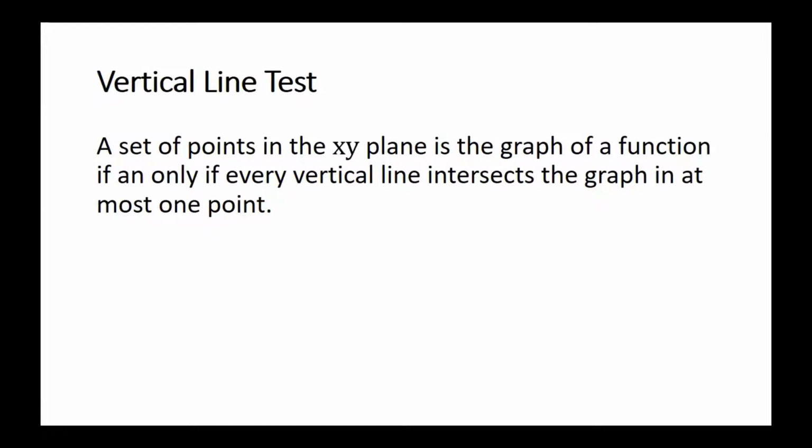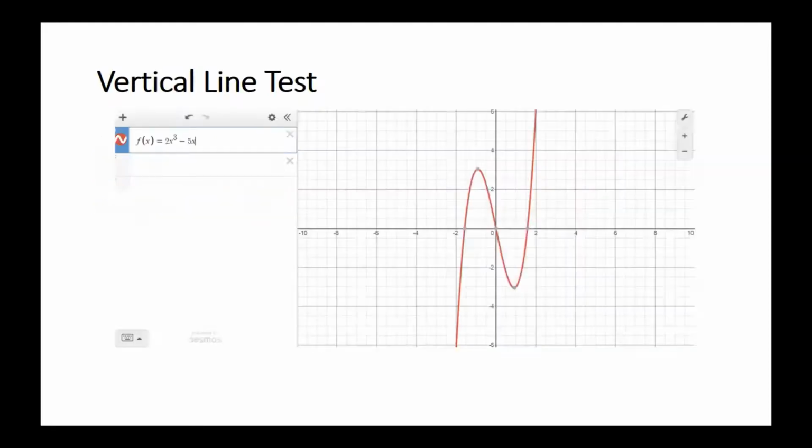If we think of that visually, then any vertical line, because a vertical line exists at a certain x value or input value, will intersect the graph at only one point, because it can't possibly have two or more y values.